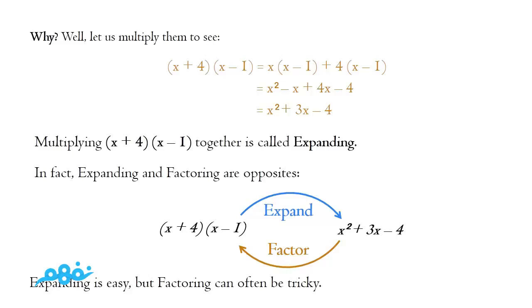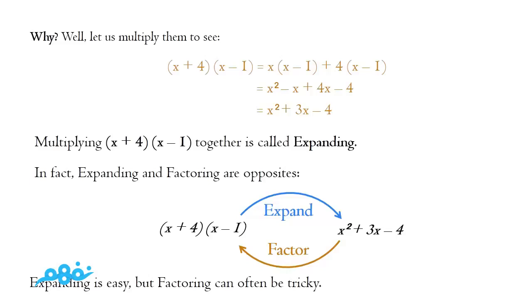And here we have x^2 - x + 4x - 4. And then we gather the similar terms like -x and positive 4x. So -x + 4x equals 3x, and this equals x^2 + 3x - 4.